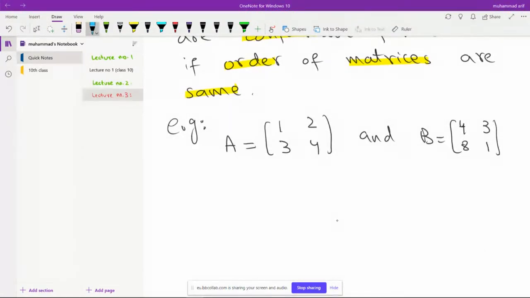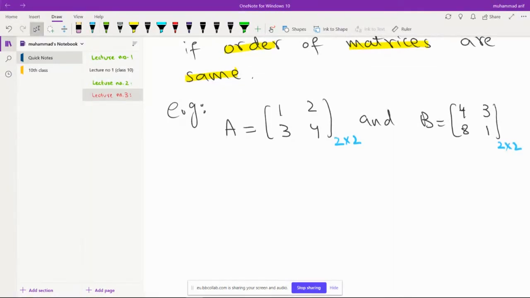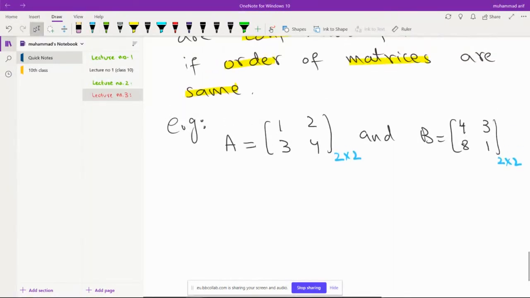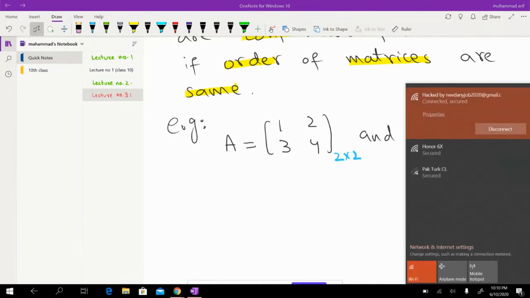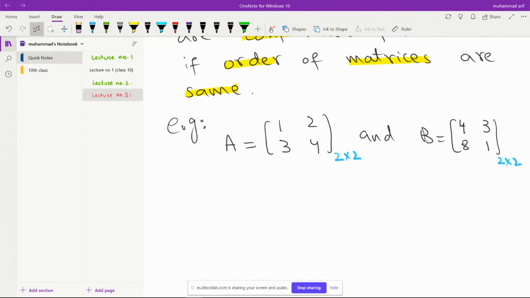That is, the order of matrix A is 2 cross 2, and the order of matrix B is also 2 cross 2. Therefore, matrix A is conformable for addition with matrix B.